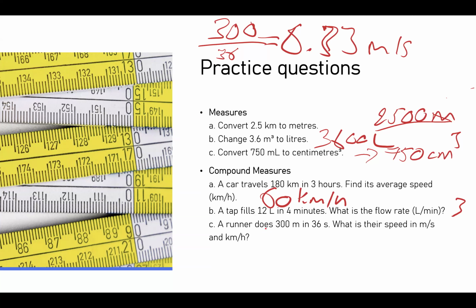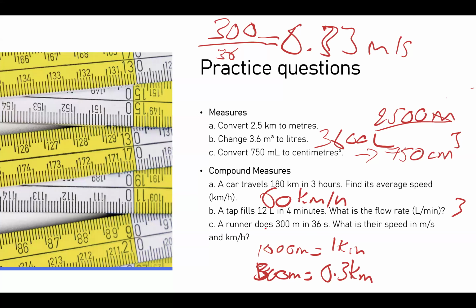And to do it in kilometers per hour, 1,000 meters equals 1 km, so 300 meters equals 0.3 km.